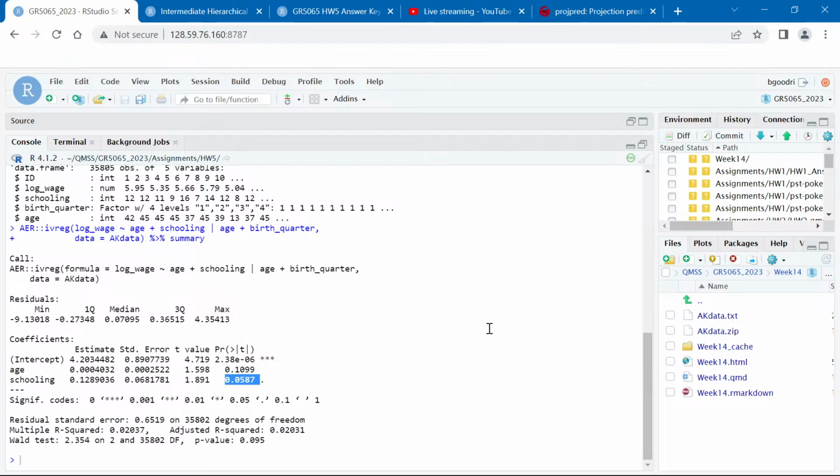But for economic or otherwise scientific research, it's totally insufficient to say we reject the null hypothesis that the causal effect of schooling is 0 in favor of the one-sided alternative hypothesis that the causal effect of schooling is positive. Because no one is really interested exactly in whether this is positive or negative. They want to know how big of an effect it is.